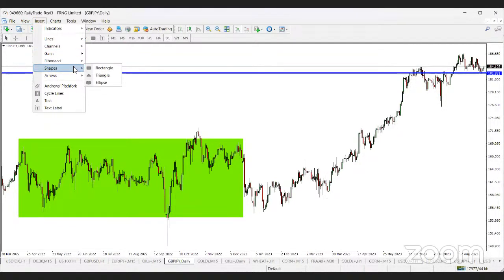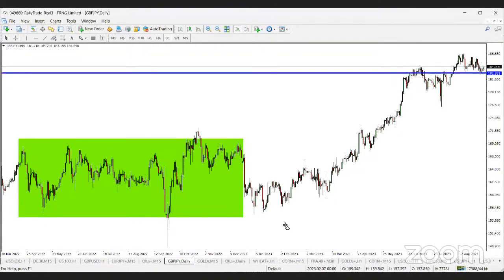Then I'm also going to use arrows. This is the first place I'm putting my arrow. I think this is a bit small, so let me make it big. So this is my arrow here.